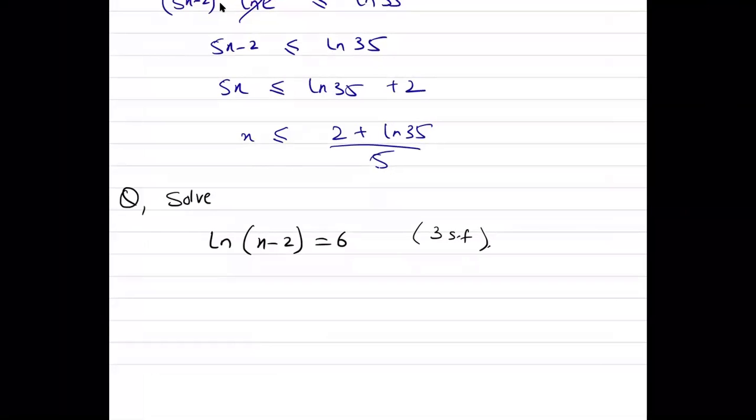How can I convert this into an exponential function? E to the power. Yeah. Since I know that ln is always to the base e, I can write this as e raised to the power of 6 equals x minus 2. So x is going to be equal to 2 plus e raised to the power of 6. And then you can find the value from the calculator to three significant figures.